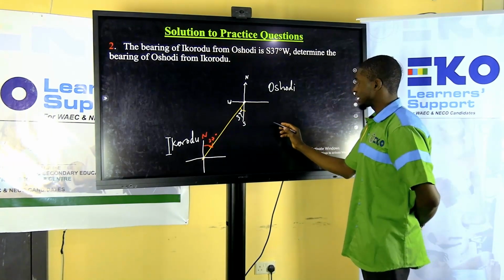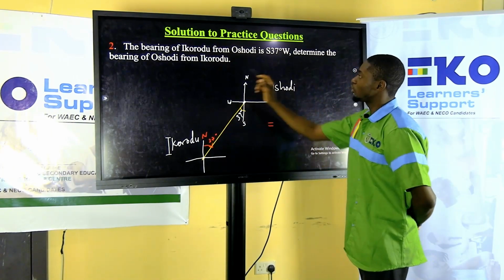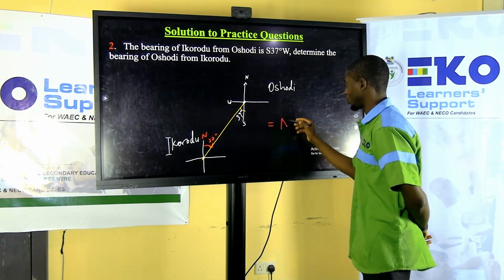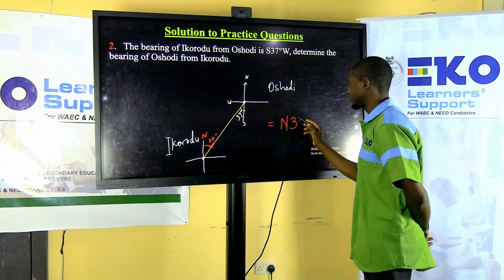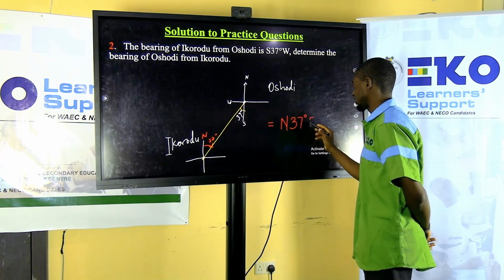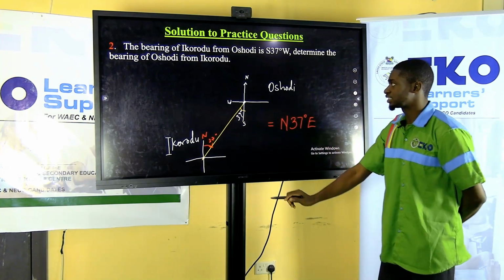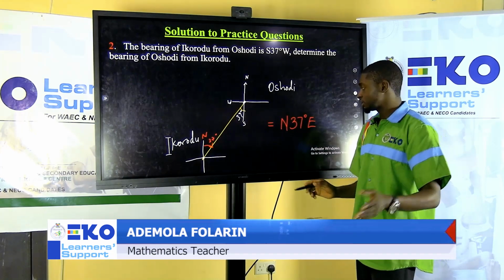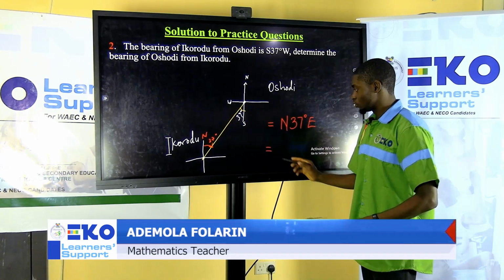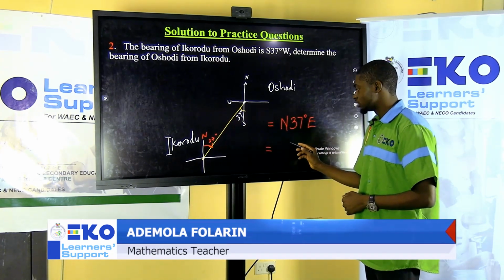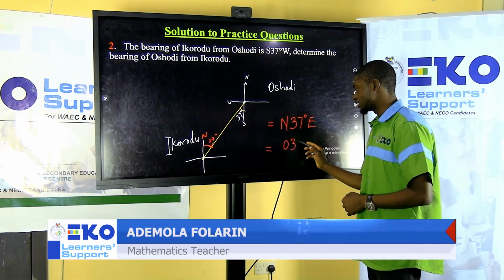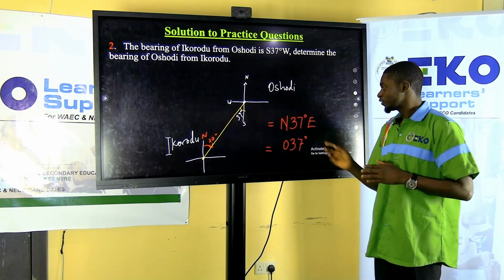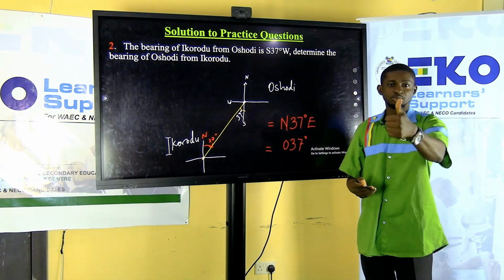So in cardinal bearing, the bearing of Oshodi from Ikorodu will now be north 37 degrees east. If you want to write it in 3-figure bearing, it's going to be 037 degrees. That's all. So if you have done it in any of these, you can give it to yourself.